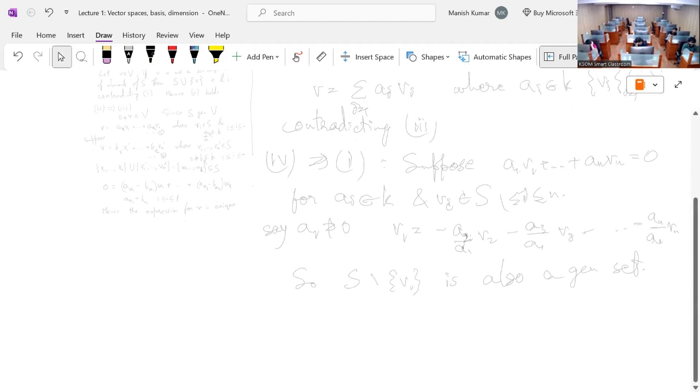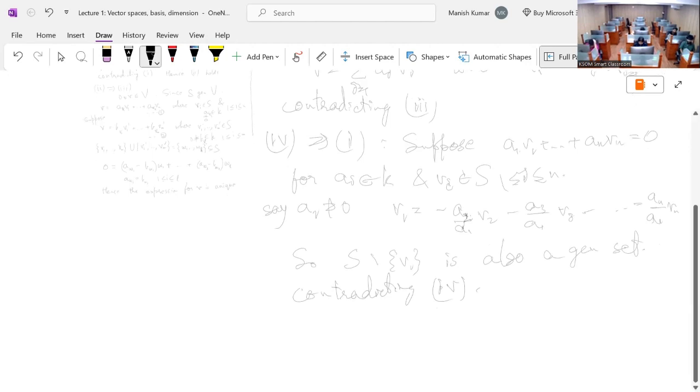So this contradicts 4. Hence that proves that you can't have any coefficient non-zero in this expression.